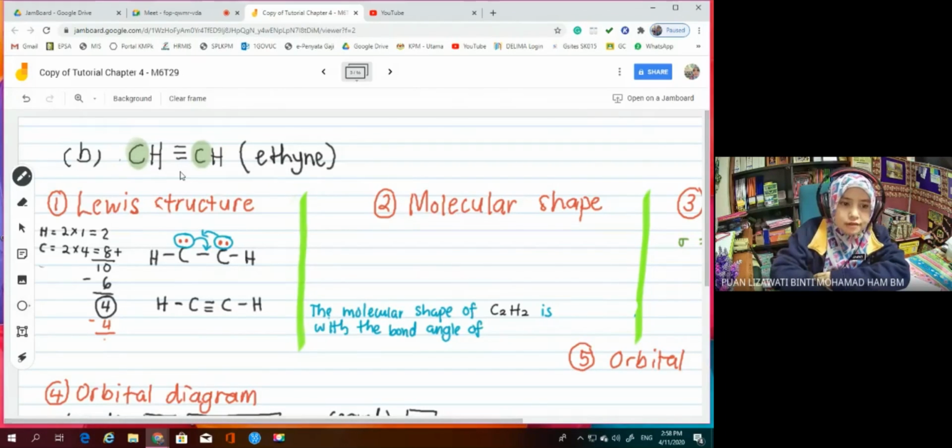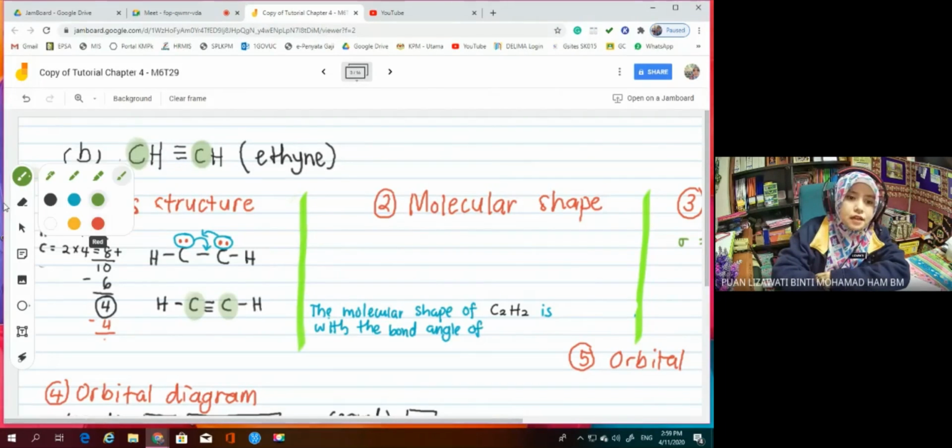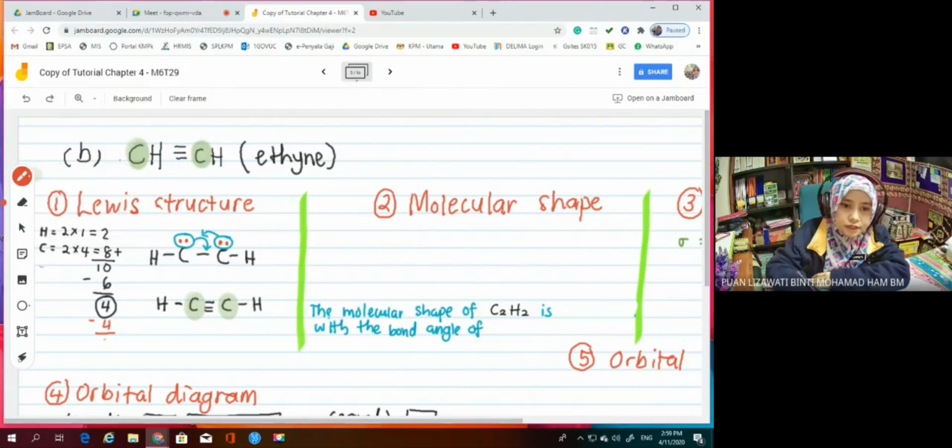Right, so the second step is you have to draw the molecular shape. In order to draw the molecular shape, you have to identify the class of compound. Since there are two central atoms here, you have to identify the class of compound for both, one by one. Let's say you want to identify the first center here, label it C1, and this is C2. Take a look at C1. We have one bonding pair, and there is a triple bond here.